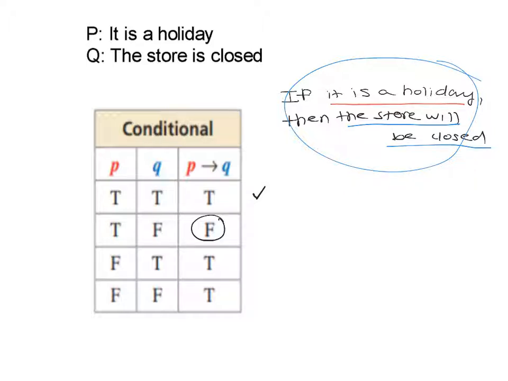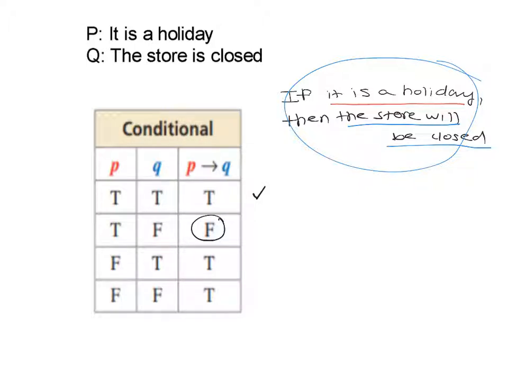Let's assume that the hypothesis is false. So it's not a holiday, but the store is closed. Would they be lying to you if that were the case? No. What other instances may a store be closed other than a holiday?